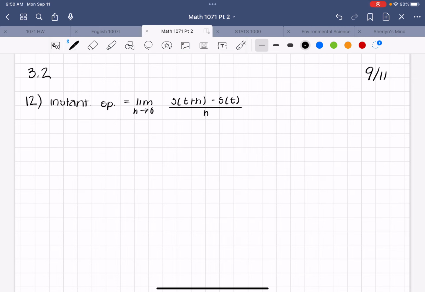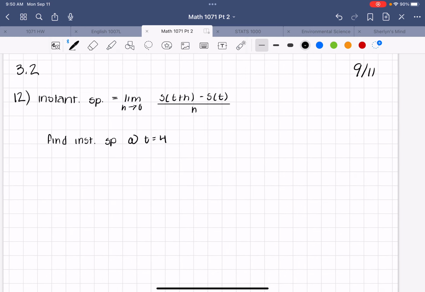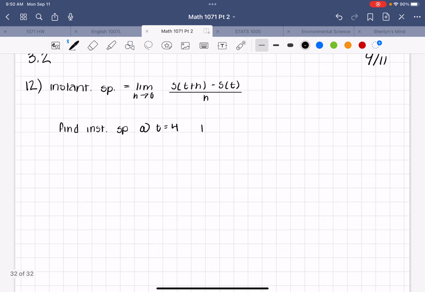So what they're wanting you to do is the same steps we were just doing. But it's okay, let's do it again. Put 4 in for t. This is not a waste of your time. You're going to have to be doing these steps a lot. So the limit as h goes to 0, the first thing you do is apply s. You were told s of t is 16t squared.